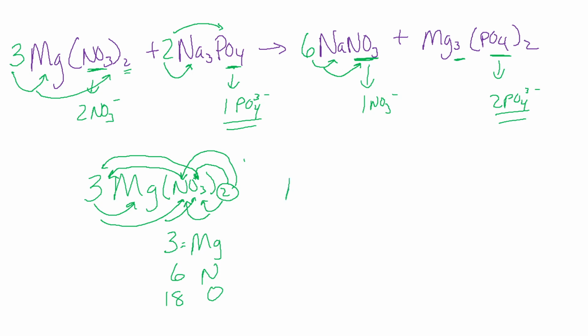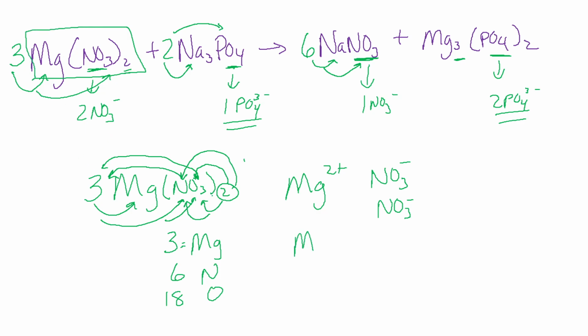Because basically if we drew all that out, we have this magnesium, and we have 1 nitrate and 2 nitrates. That's basically what this formula is. But we also have 3 of them, which means we have another set of these guys and 1 more set of these guys. So that's what the coefficient means. We basically have this setup right here.